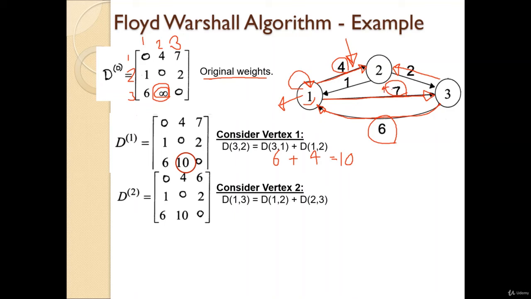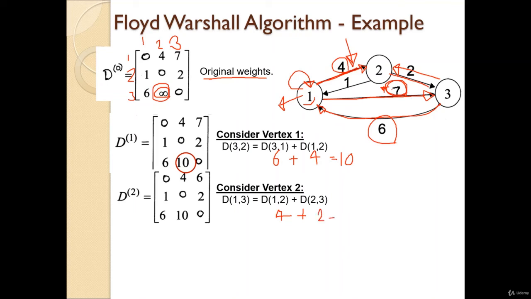So to travel from 1 to 3, one way is the direct edge, which has weight 7, but another way is going from 1 to 2 and then from 2 to 3. The weight from 1 to 2 is 4, and from 2 to 3 it is 2. So the answer is 6.